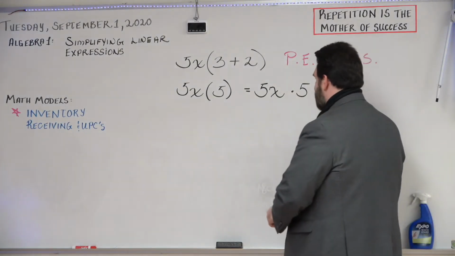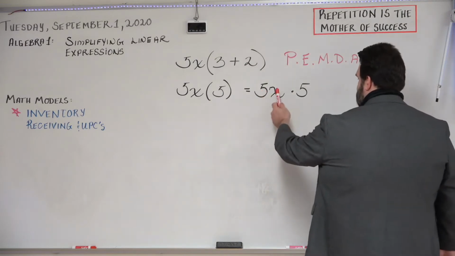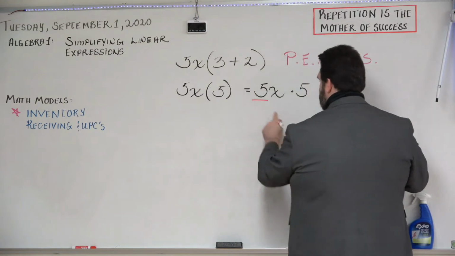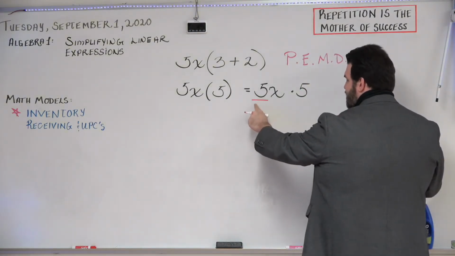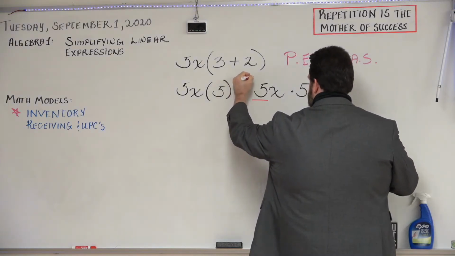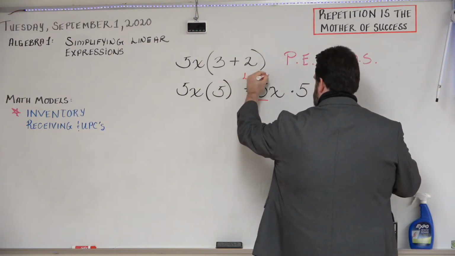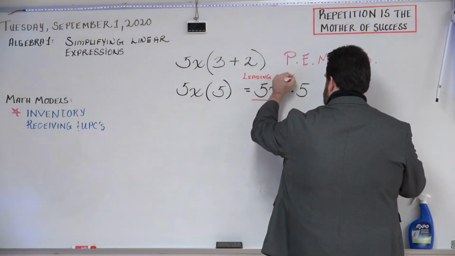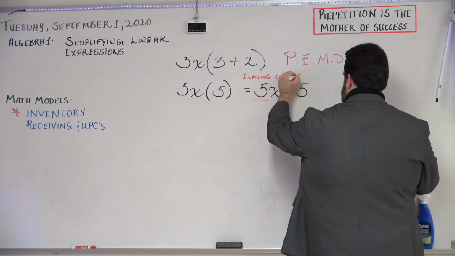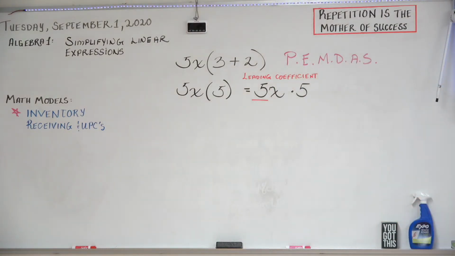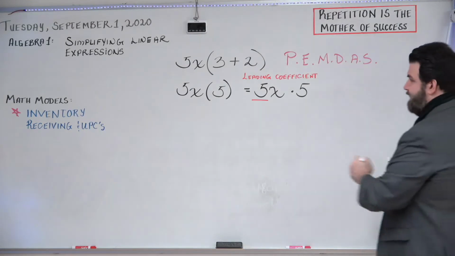Now remember the rule. When you are multiplying a variable that has a leading coefficient, okay, that's what this is called. This is called a leading coefficient. I'm going to write it: leading coefficient. That's the 5.